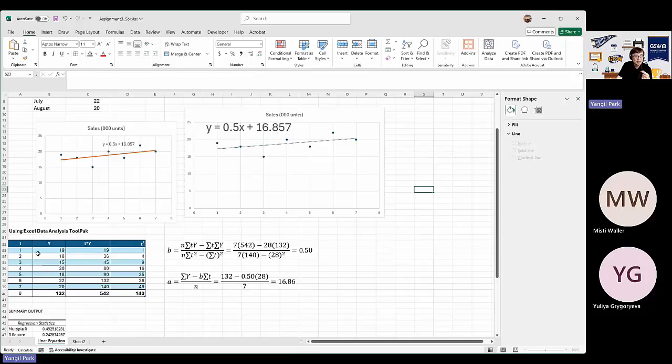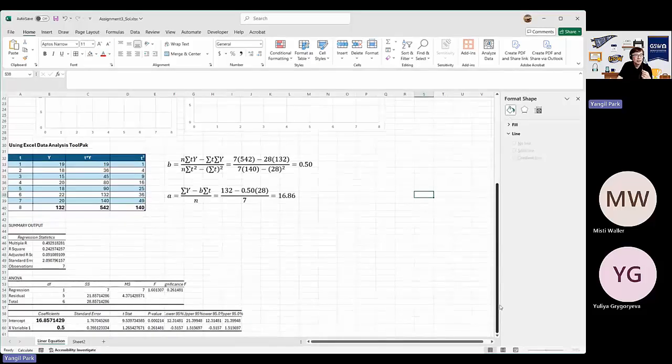With this table, you don't have to do it this way. You can do it your own way, but you need to plug into the formula to find 0.5. Even though you have the equation, you need to show the steps. Okay, so that's what you get.